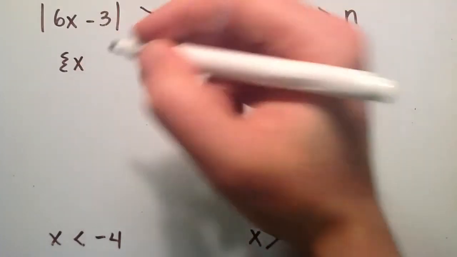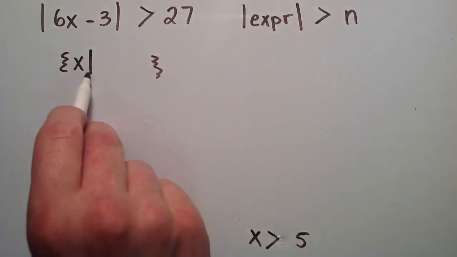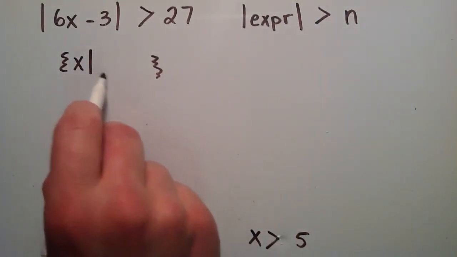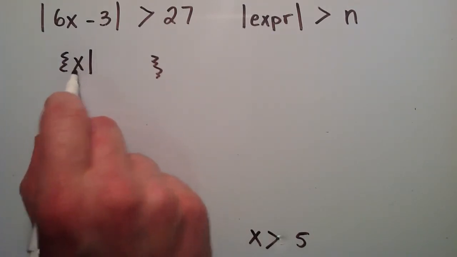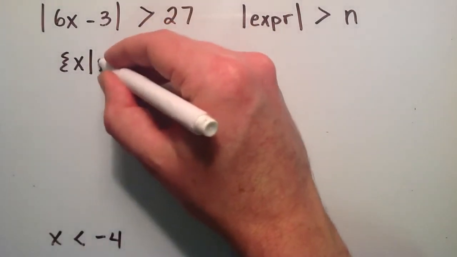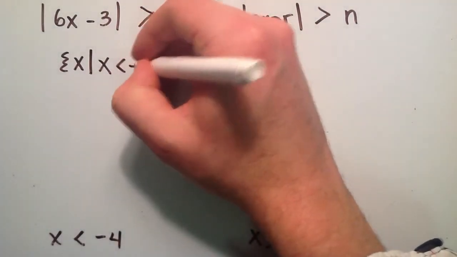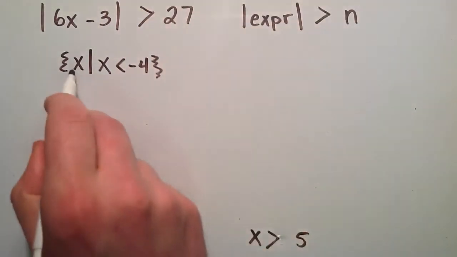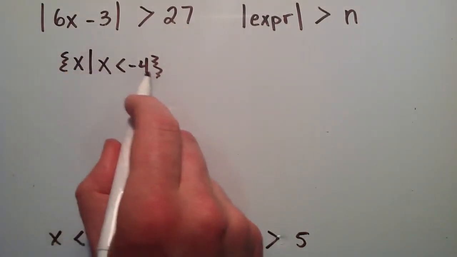We're going to call ours x, and then we put this vertical bar. And basically what we put on the other side of the vertical bar is how we're going to define our x. So we're saying that we have some thing, and it's called x, and x can be less than negative 4. So we just simply write x less than negative 4. So this basically means this is what we're going to define, and on the other side of this bar means this is how we define it.